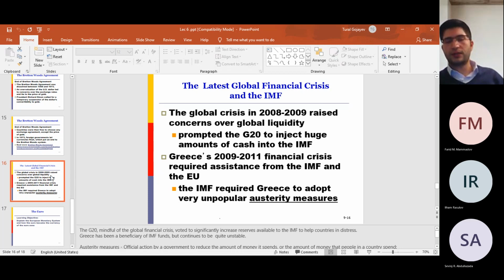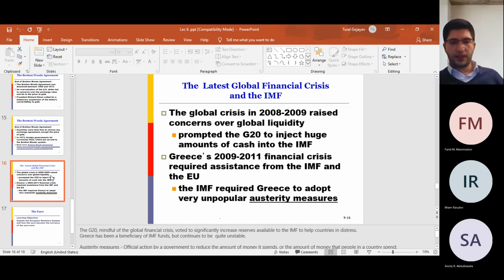Greece's 2009-2011 financial crisis required assistance from the IMF and the European Union. What was the offer of the IMF? The IMF gave some financial support. At the same time, the IMF required Greece to adopt very unpopular austerity measures.